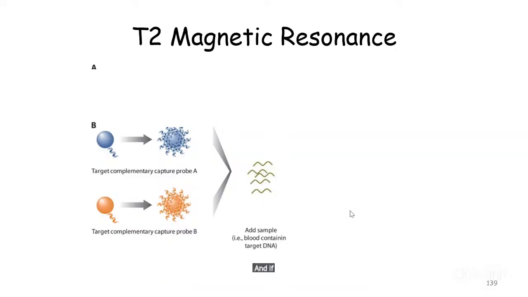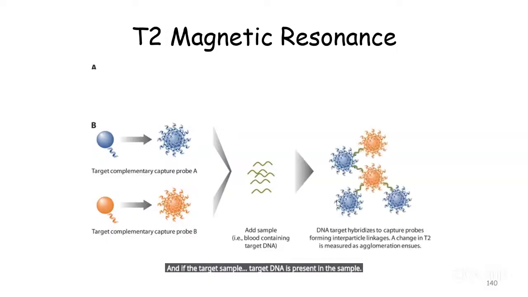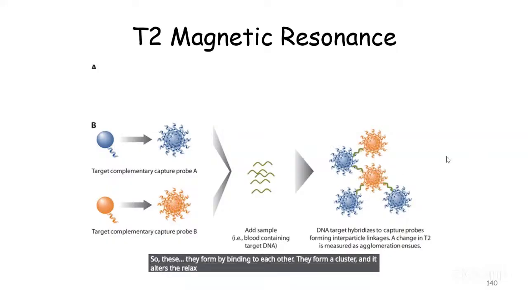And if the target DNA is present in the sample, by binding to each other, they form a cluster, and it alters the relaxation time of water molecules. That is the principle of magnetic resonance, also used in MRI imaging. It alters the relaxation time of the water molecule present in the sample, and this signal is captured by the machine.